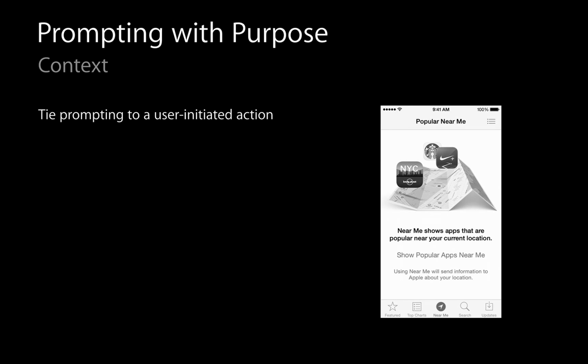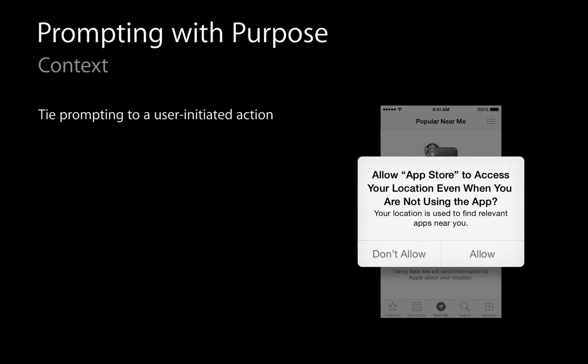The third principle is context. Context is making it clear to your users what action led to the consent dialogue. Consider this example. Here we have the App Store, and when the user goes to the Near Me tab and taps the Show Popular Near Me link, they're presented with this dialogue saying the app would like to use their location to find relevant apps near them.